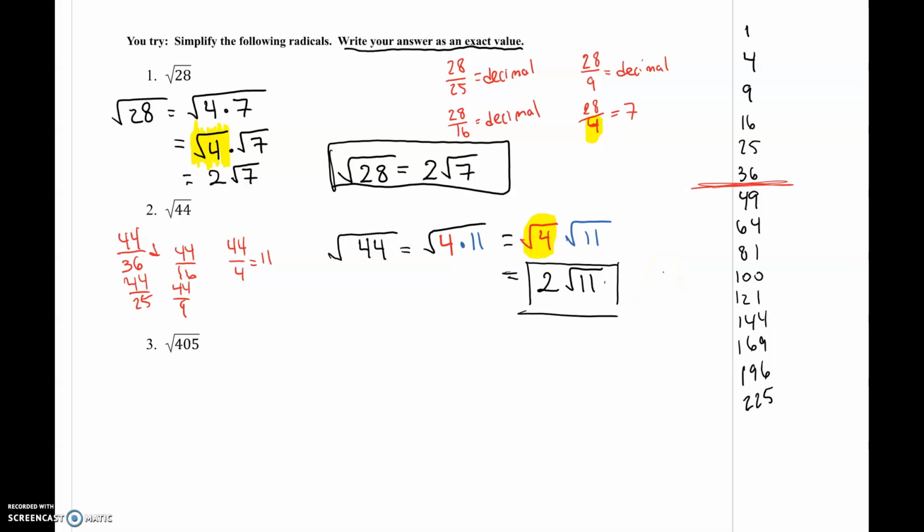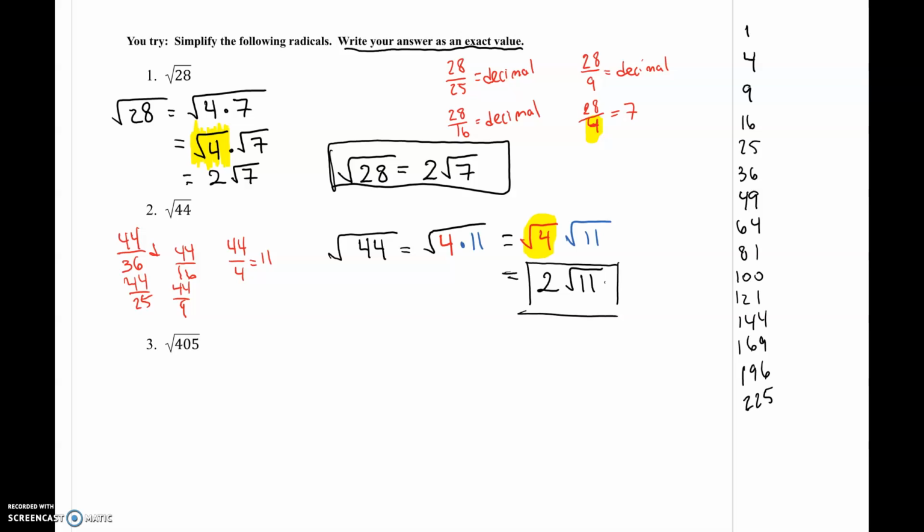Now, this can get a little tricky when the numbers get really big, like 405. That's fairly large. All of our numbers currently on our list are all smaller than it, so technically we would have to try dividing all of them. In fact, there might be bigger numbers on our list that we could divide by, but I'm also going to give you a hint here.